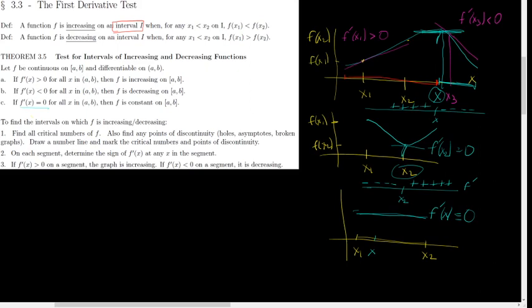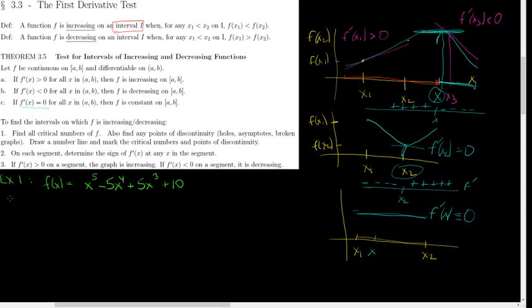Example 1. We're going to be given a function, say f of x is equal to, let's start with x to the 5 minus 5x to the 4, plus 5x cubed plus 10. Okay.